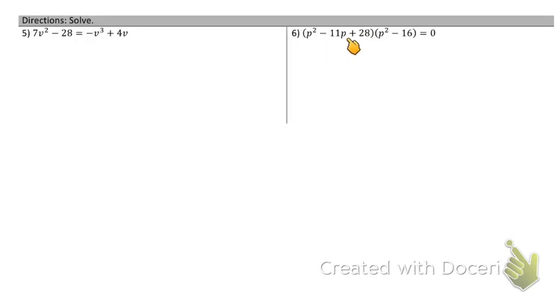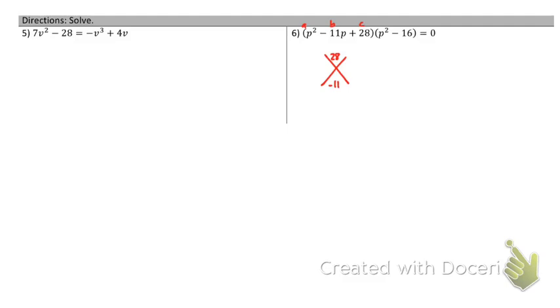I want to factor this more, and what you should notice, this guy has no GCF, but it's a diamond. Okay, here's our A, our B, and our C. A times C is 28 on top. Our B value is negative 11 on bottom. Okay, what multiplies to the positive 28 that adds up to negative 11?